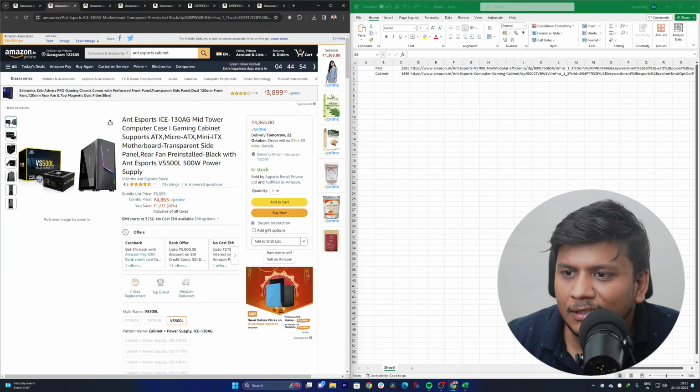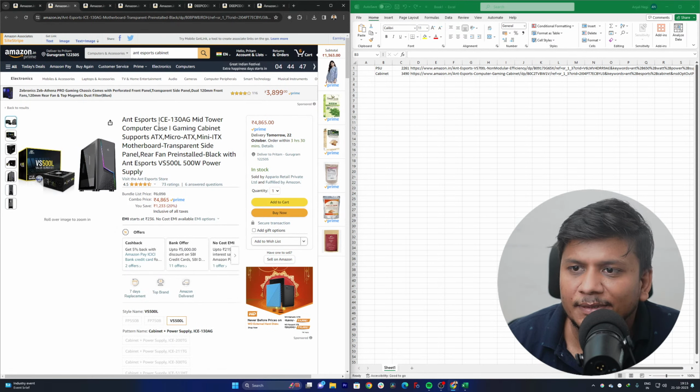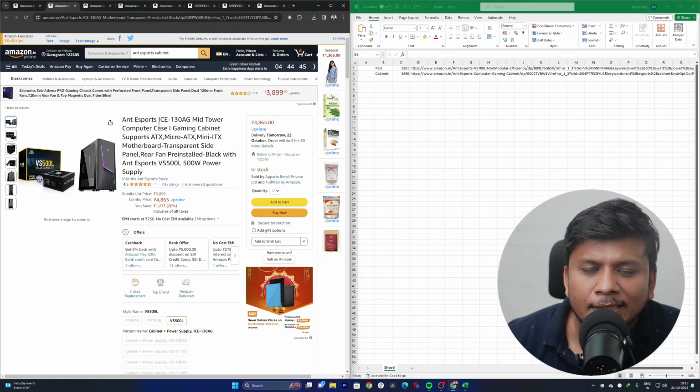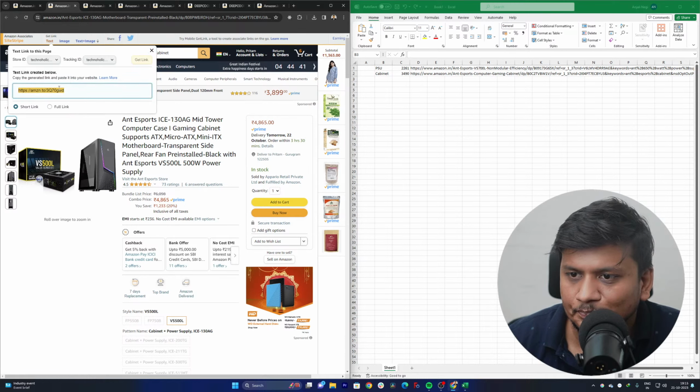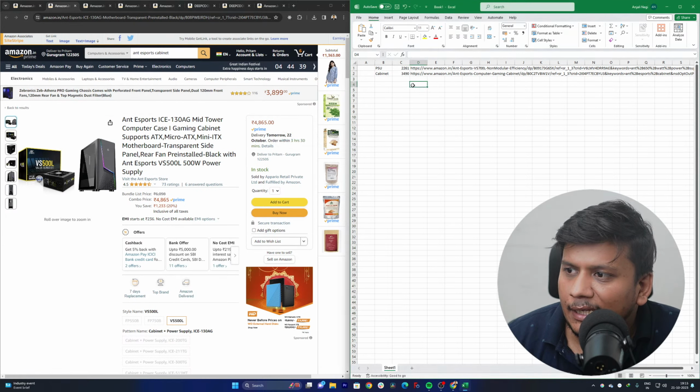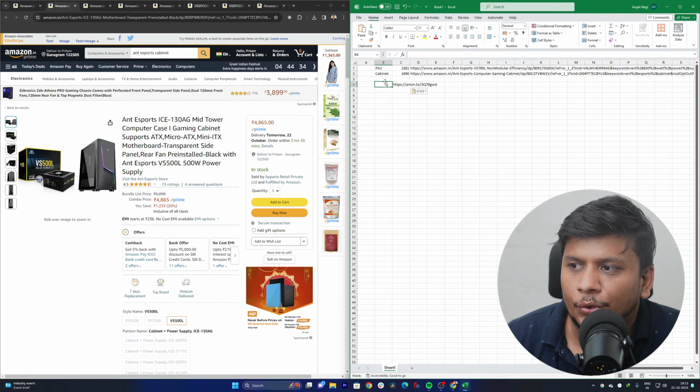So this one is Ant Esports 130 AZ mid tower plus VS 500L. And I can also recommend this one since this can easily power the Core i5 that I am planning to propose at this price point.